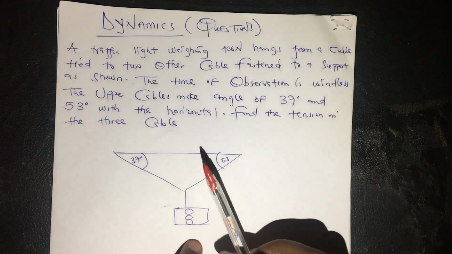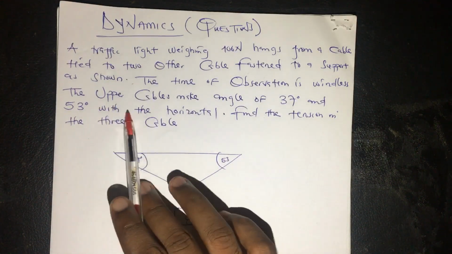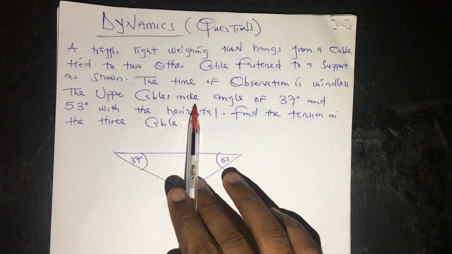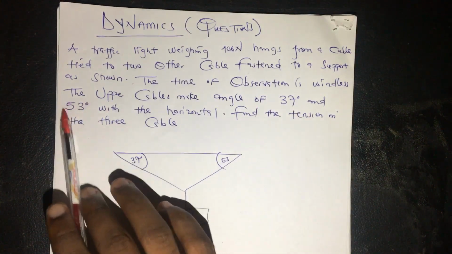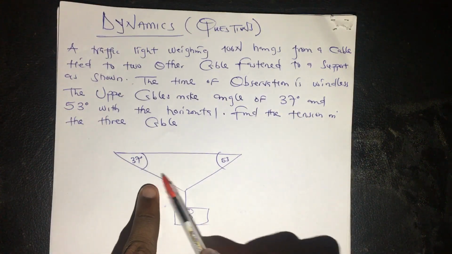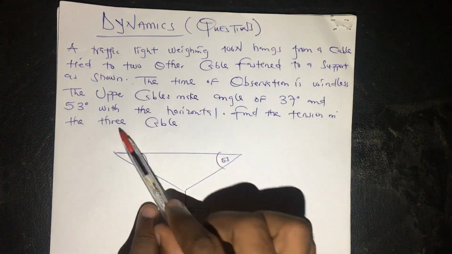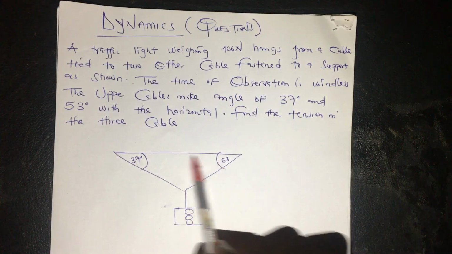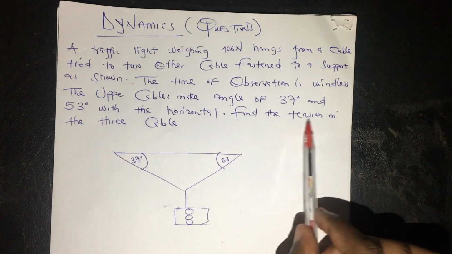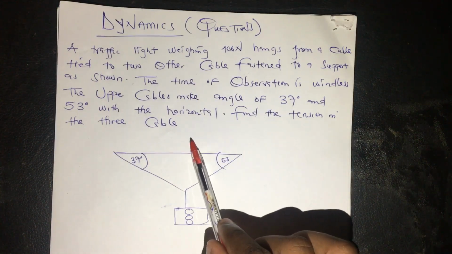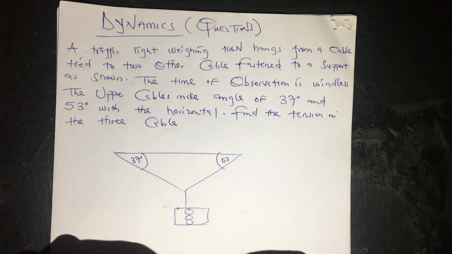Then the question goes further and says the upper cables make angles of 37 and 53 with the horizontal. Find the tension in the three cables.